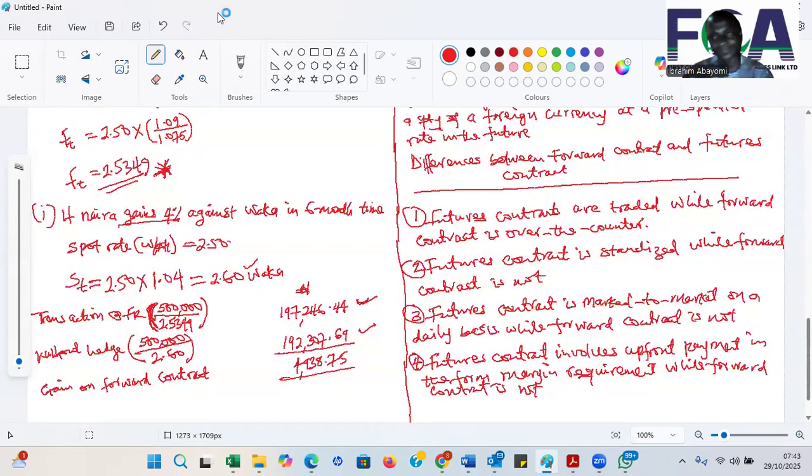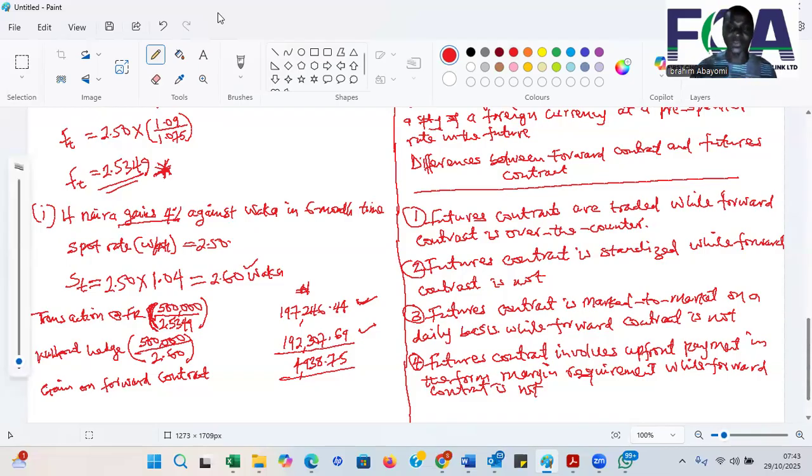It's a derivative, so when you enter into a futures contract, you are actually buying the futures from the futures market.